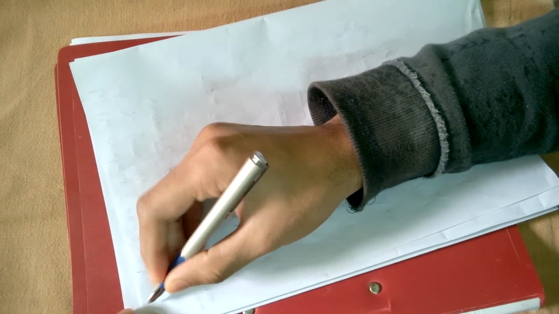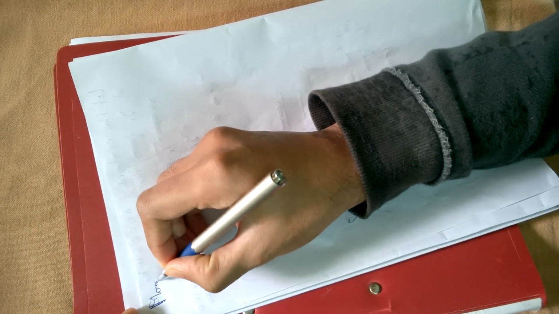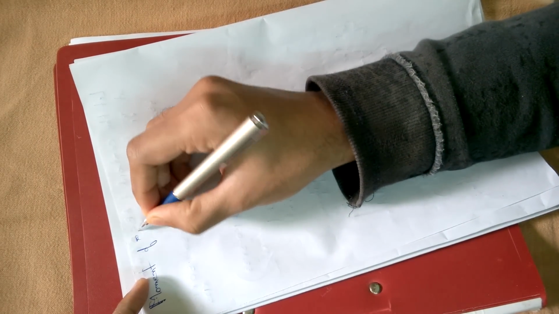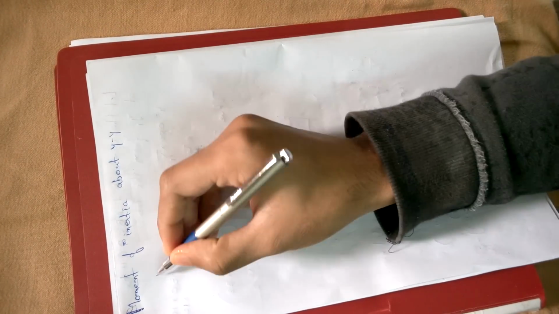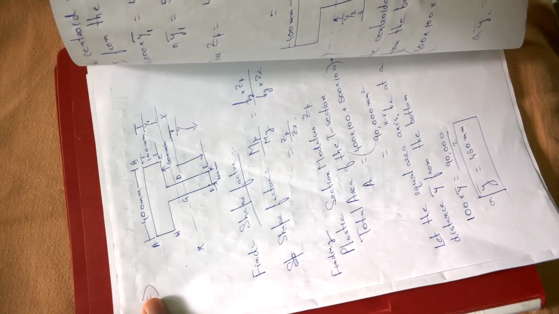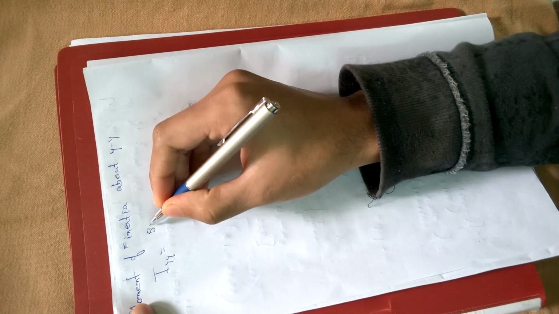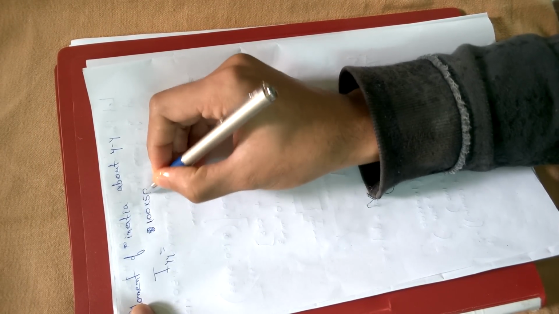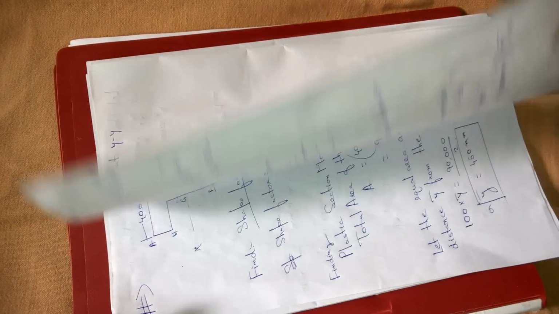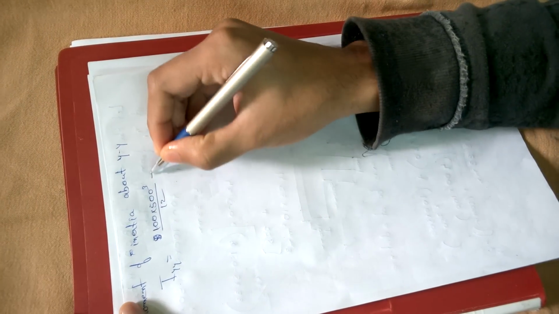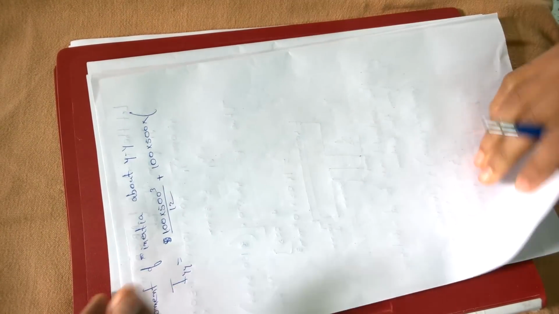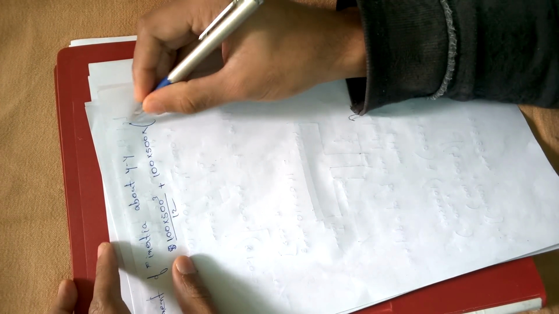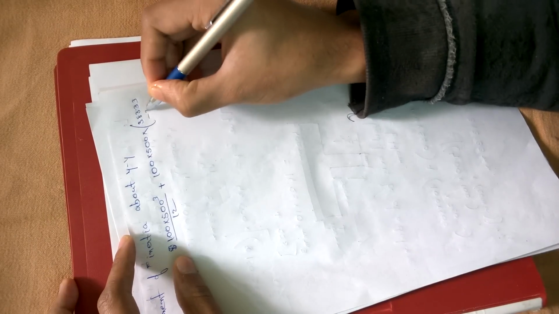So Iyy equals bd cube by 12, so 100 into 500 cube by 12, plus Ah square, which is 100 into 500 into (383.33 minus 250) whole square.